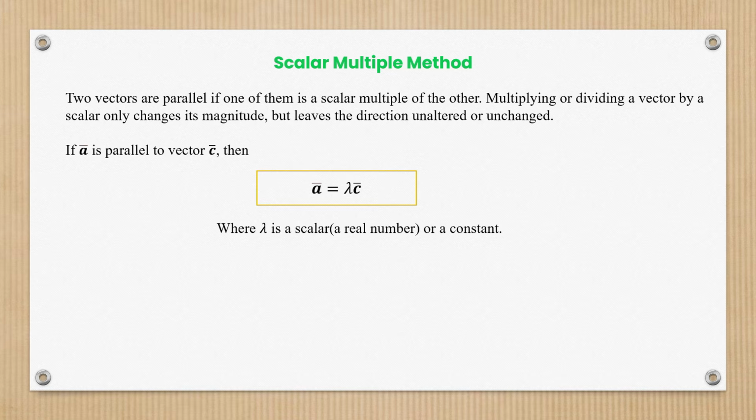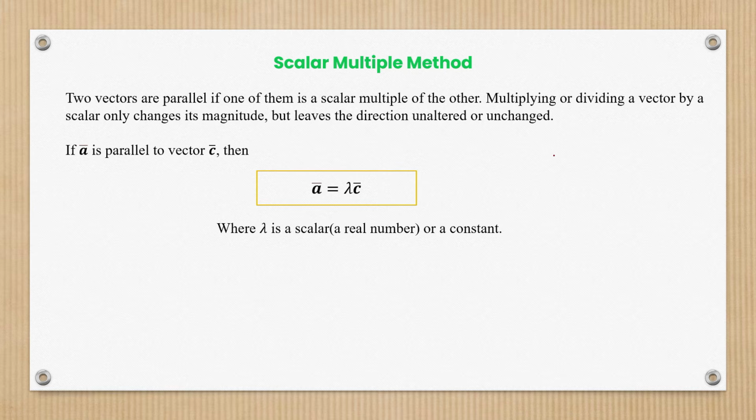Even if one of the vectors is longer or shorter, as long as they both go the same way, they are still parallel. So mathematically we say that one vector is a scalar multiple of the other, where lambda is a number that stretches or shrinks the vector. But I want to explain it in a way that you can easily understand.